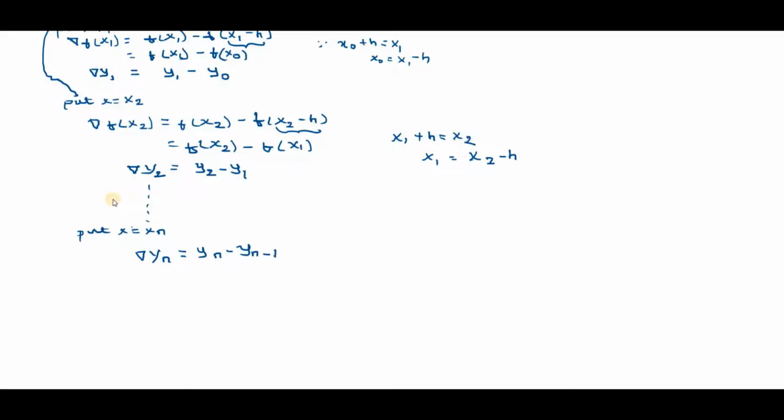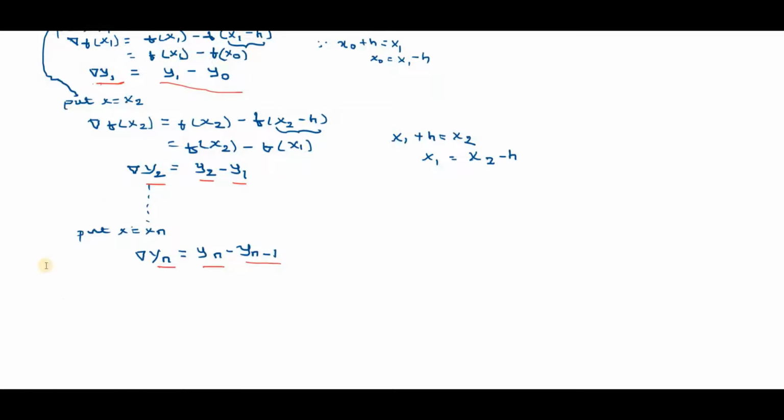If you see here, if it is y1, you can write it as y1 minus y0. If it is y2, it starts from y2 and its previous value is y1. Similarly, if it is yn, it starts from yn and its previous value is yn minus 1. So in general, we can write del yn is equal to yn minus yn minus 1.